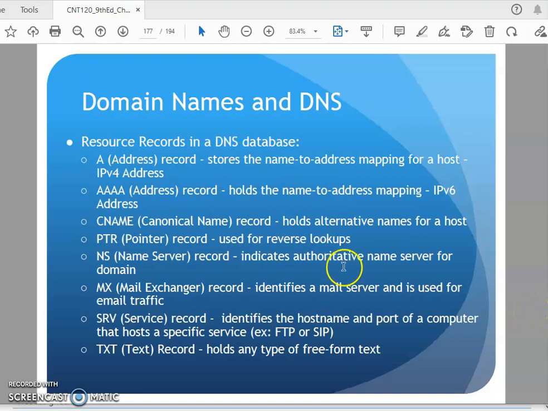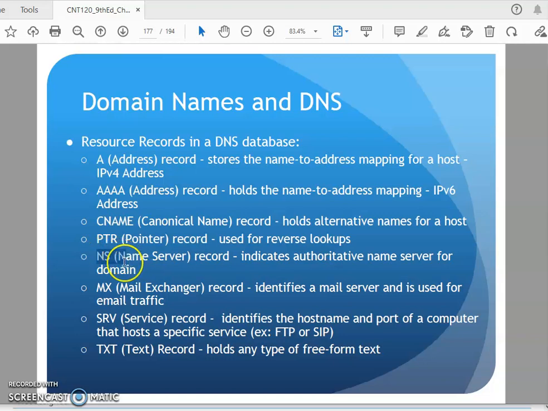Resource records. These are the different records that you encounter in a DNS database. There's the A record. That's the name to address mapping for IP version 4. Quad A is for IP version 6. CNAME is for alternative names, human names, if you will. Pointer record is used for reverse lookup. So if I have an IP, what's the name?